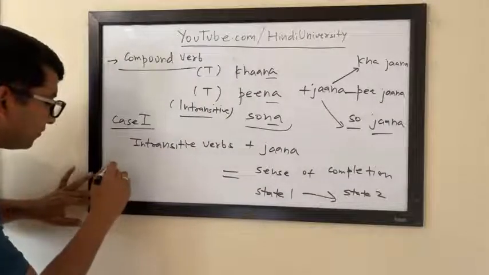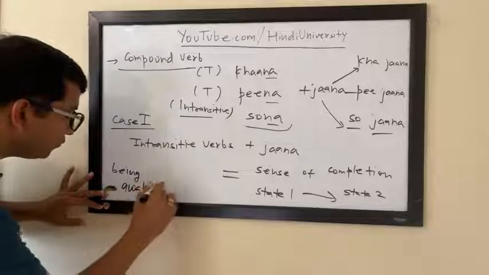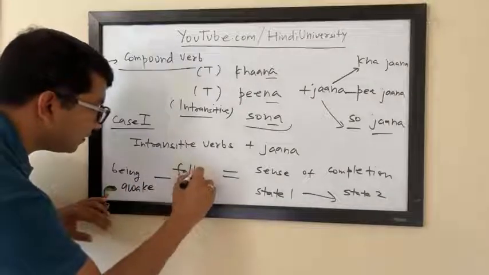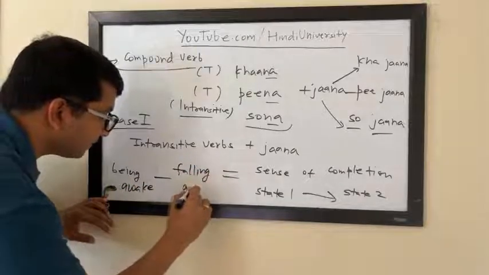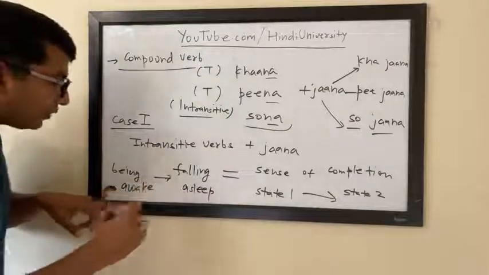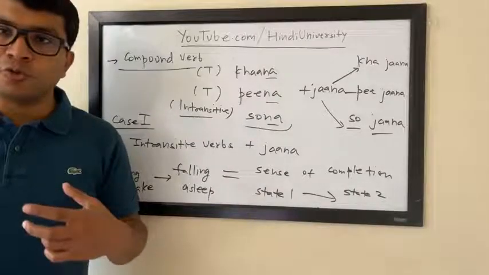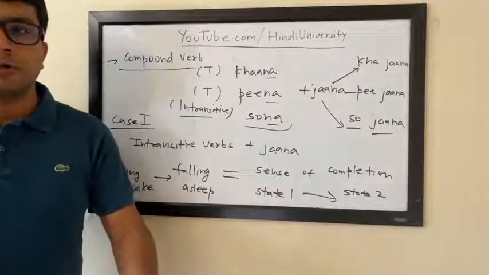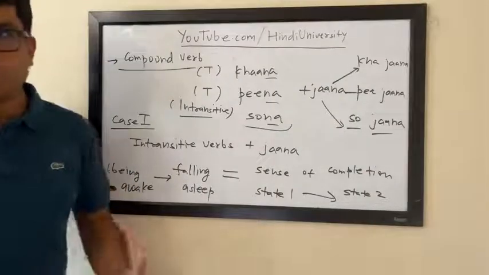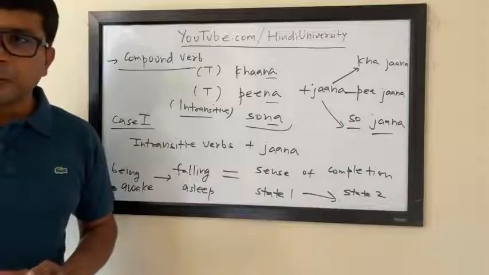So the state changed from being awake to falling asleep, and that's when your thought process should be to use it, when you want to show this transition in your sentence. In English you will use other ways to express it.